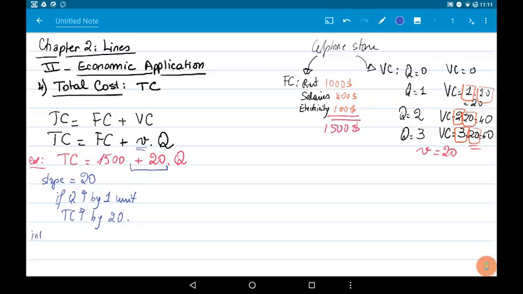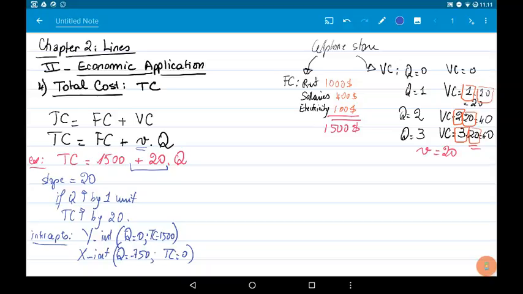Let's calculate the intercepts. Let's start with the y-intercept. The y-intercept is when Q equals 0. Let's replace Q with 0. TC equals 1,500. As for the x-intercept, it's when TC equals 0.